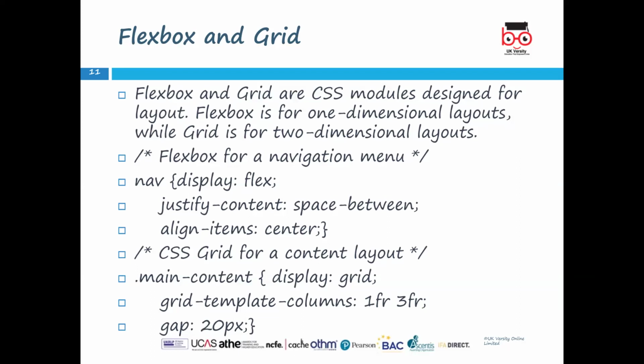So when it comes to one-dimensional layout, we can use Flexbox, while when it comes to creating a big website which will have loads of information, it is advised to use Grid, where we'll have multiple dimensions.